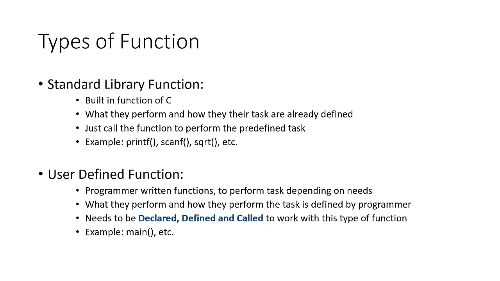For a user-defined function, we need to declare the function, we need to define the function, and to make the function work, we need to call that function also. So here you need to concentrate on the declaration, definition, and calling of the user-defined function.